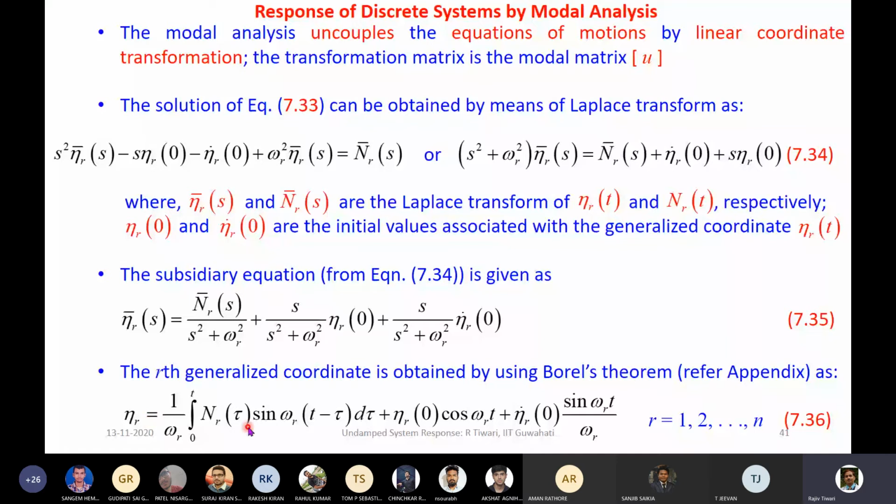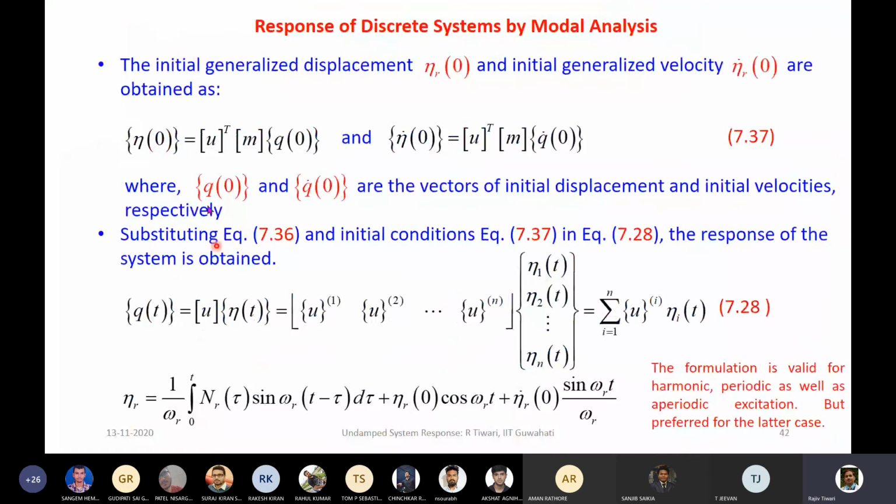This is the natural coordinates. So these are the initial conditions which we can get. This is the generalized coordinate. This is the natural coordinate. Because we have transformed the equation to the natural coordinate, the initial conditions also we need to transform using this.